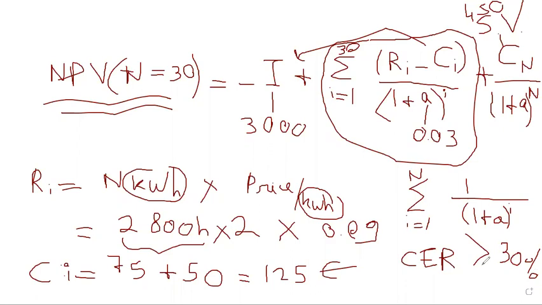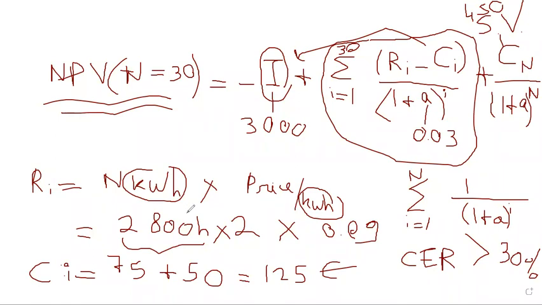What can we do? If you just look at the formula, you can know what we can do. First, we can try to reduce the investment, and we can try to buy another wind turbine. And of course, we should compromise between the specifications and the price, and we try to get a good turbine with a lower price. Plus, in this term here, we can try to increase the selling price, and instead of selling the kilowatt hour at 0.09, of course, we should still be competitive in the market, and we can play with a certain range of selling prices.